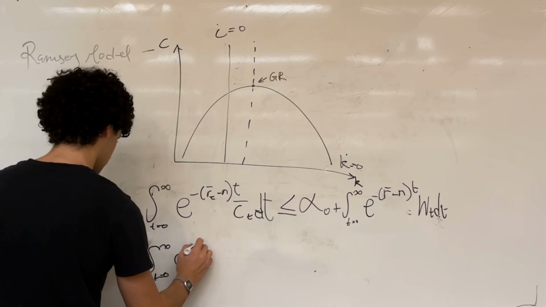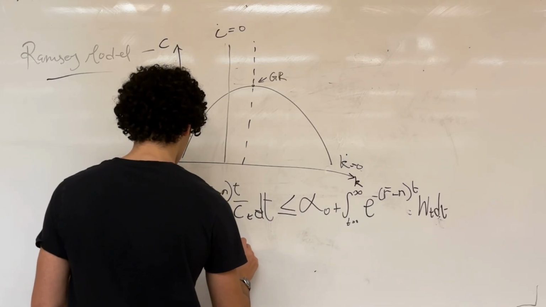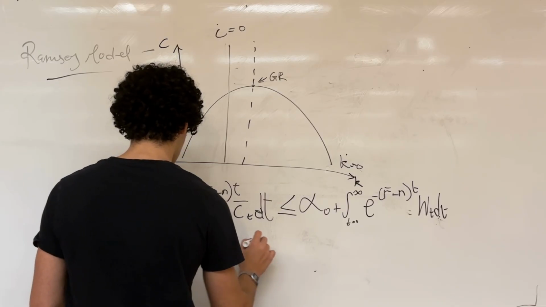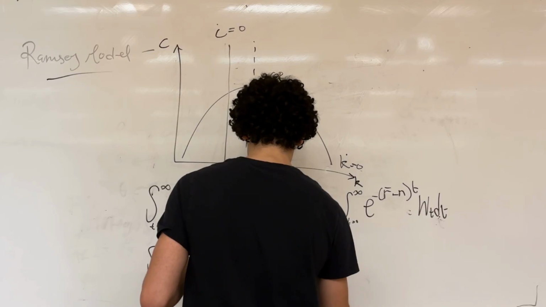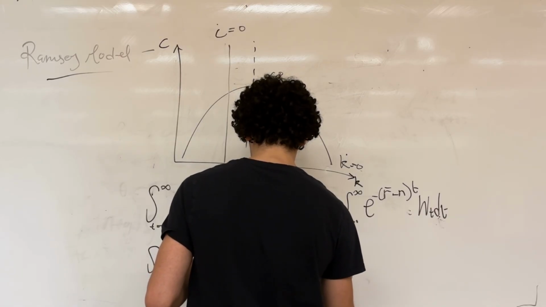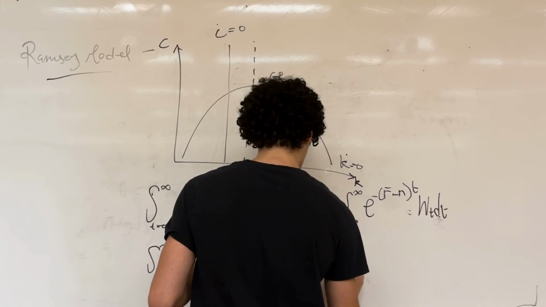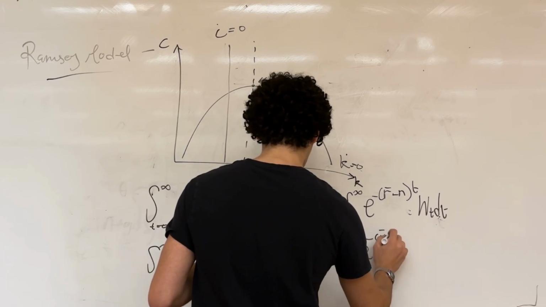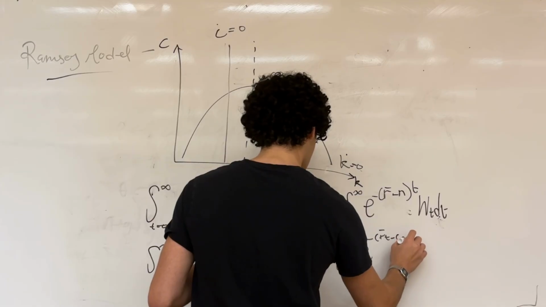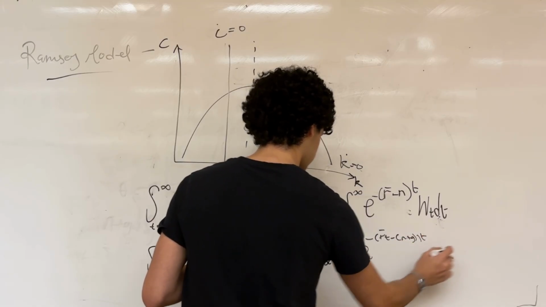R T, so much for saving, plus n g T, dT. K, a cost function. W T dT.